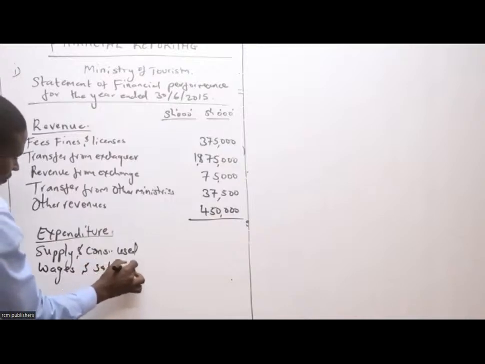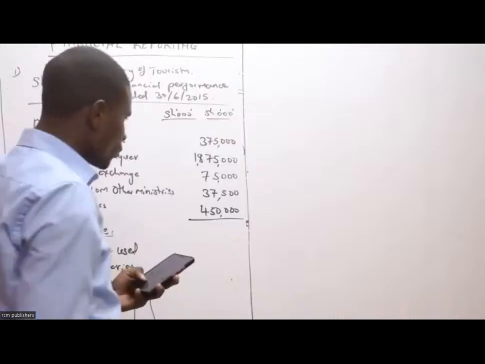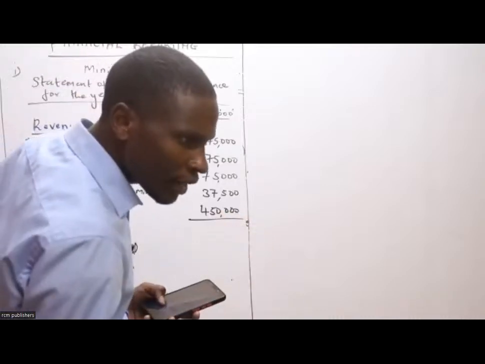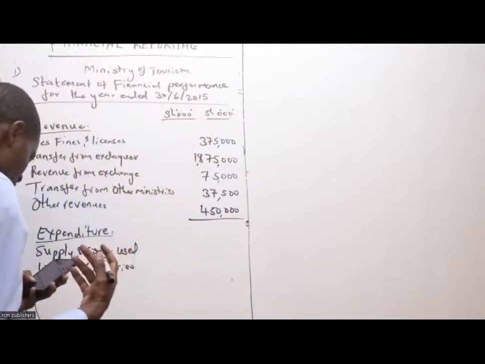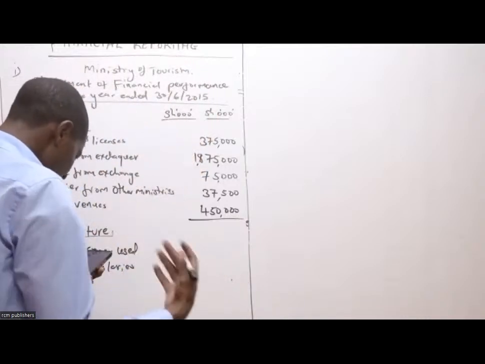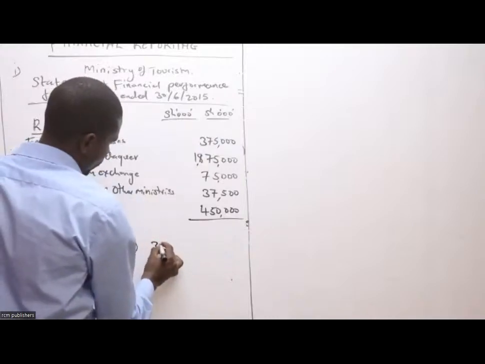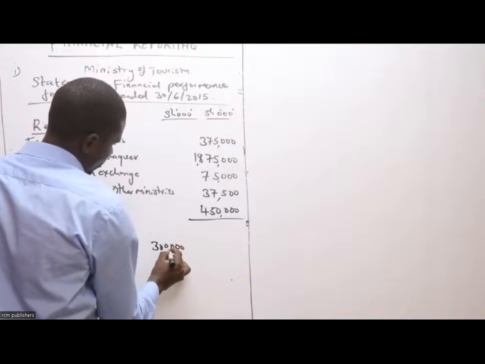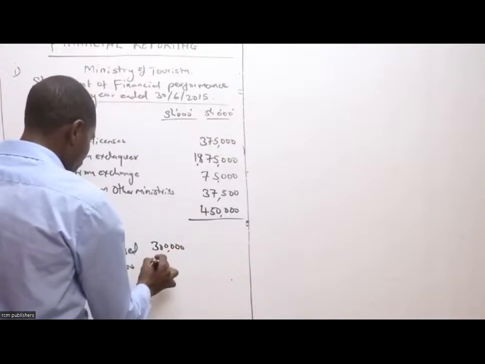This is 300,000, I will put here. Check your figures correctly. 750,000.